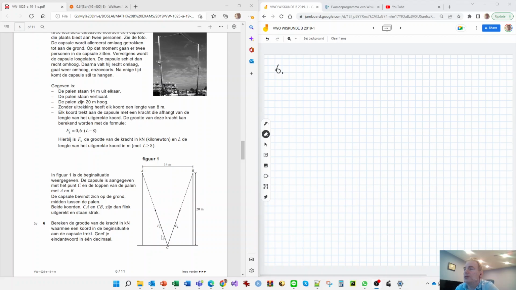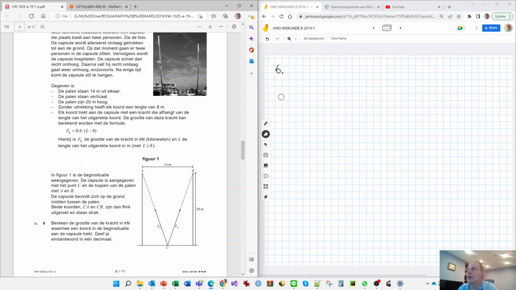So this is 8 meters, this is 8 meters. Here this is the situation drawn out. And then they ask what is the magnitude of the force in the beginning situation, so when the capsule is pulled to the ground floor, and give your answer in 1 decimal.